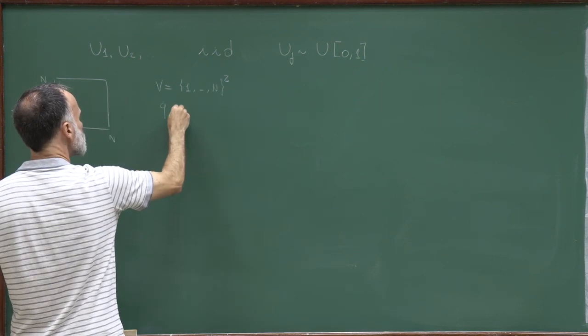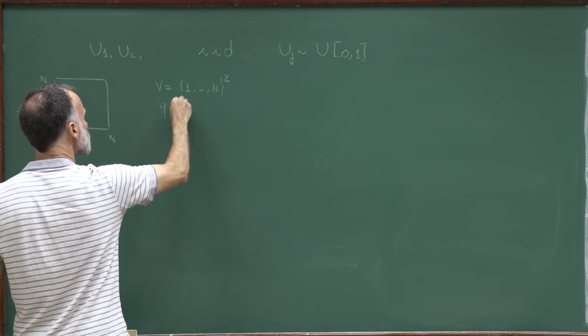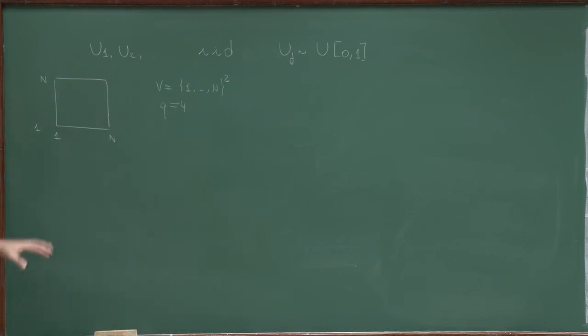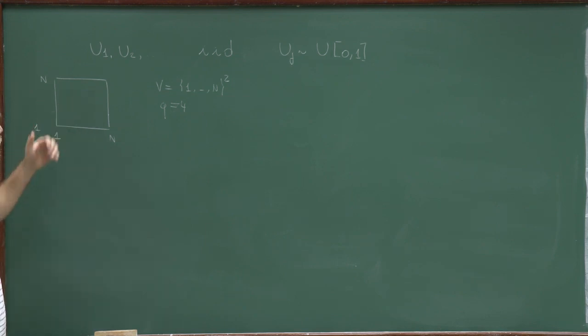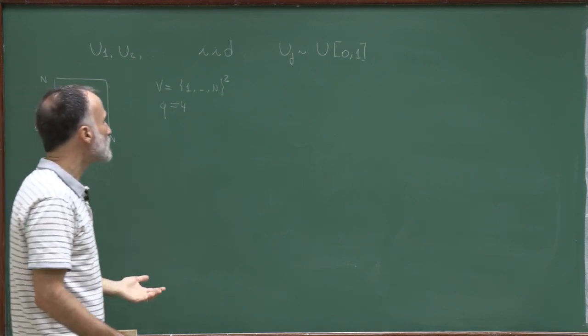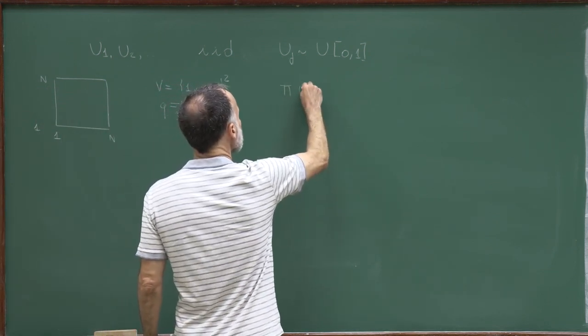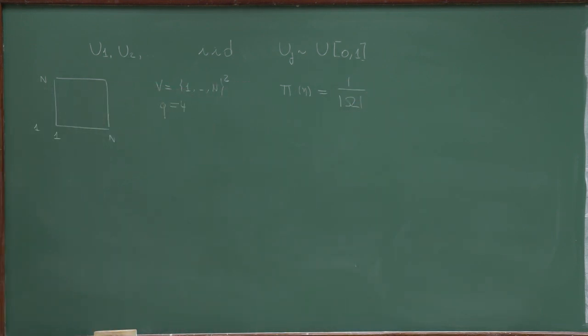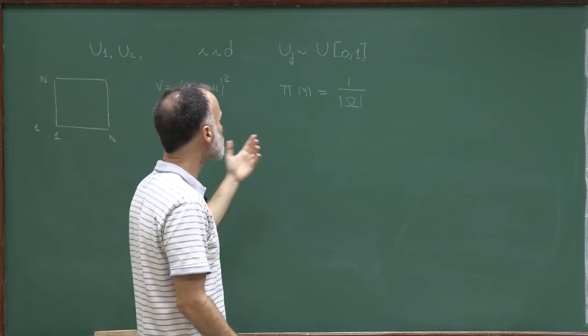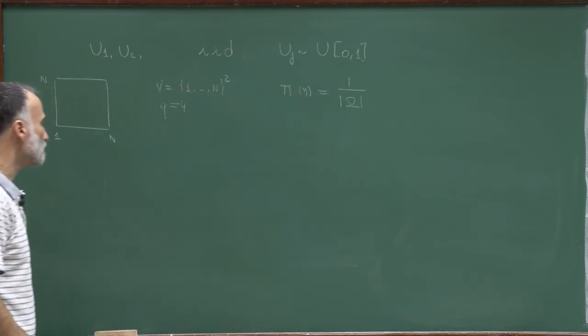Then I give you a certain number, let's say q equal to 4 colors, and I want you to create a sample, or to create a coloring, and to claim that the algorithm you proposed provides a sample, so a configuration, which is distributed according to the measure pi of eta, which is equal to 1 over the total number of sides. So how from this sequence do we create a configuration whose distribution is given by this measure? So this is the problem.